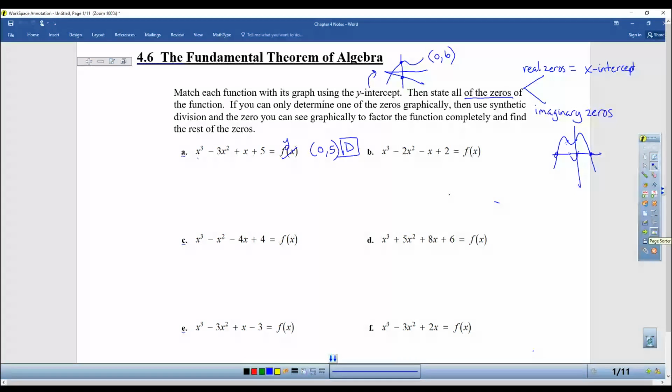So what's awesome is that even though I could only find one, I can use that one in synthetic division to find the rest of them. So remember that synthetic means that we put our values, our coefficients right here. If there was a missing spot, we'd have to put a 0 there to hold the place.